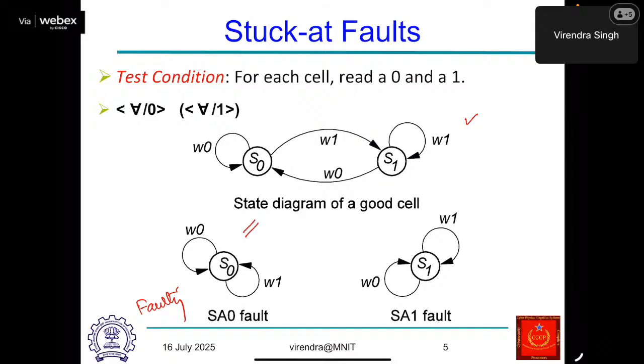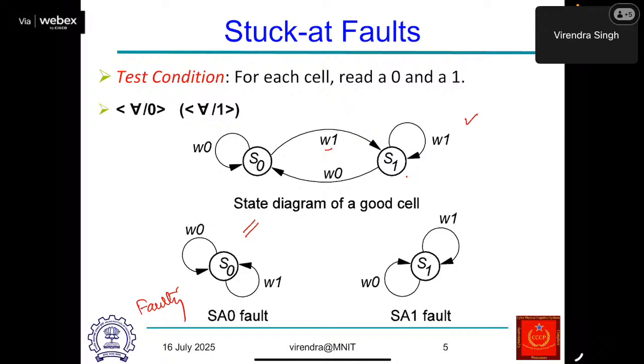In order to distinguish these two, if the cell is in state S0 and I write W1, in that case it is supposed to go to S1, but here it will again go to S0. Therefore the test that I can conduct for this would be to put the cell in state S0, which is the initialization condition for this particular memory cell.